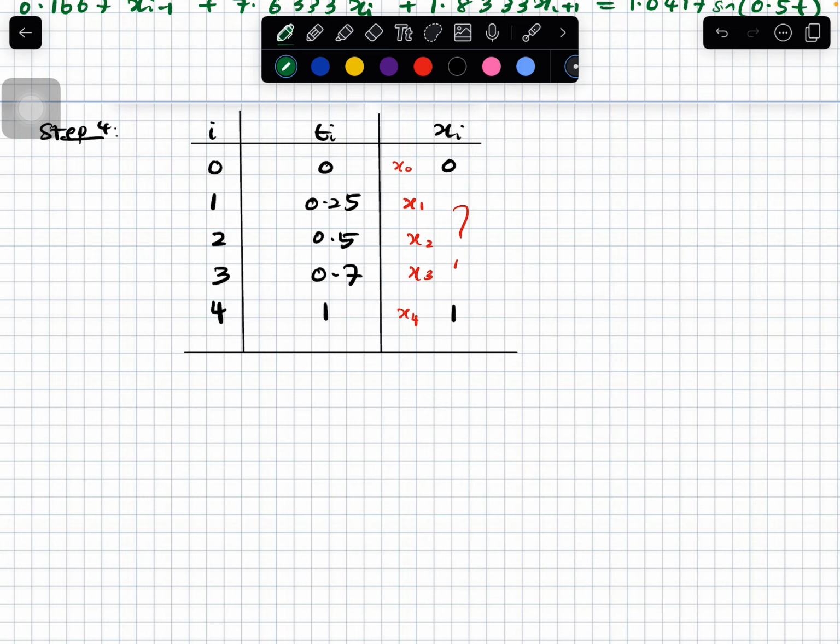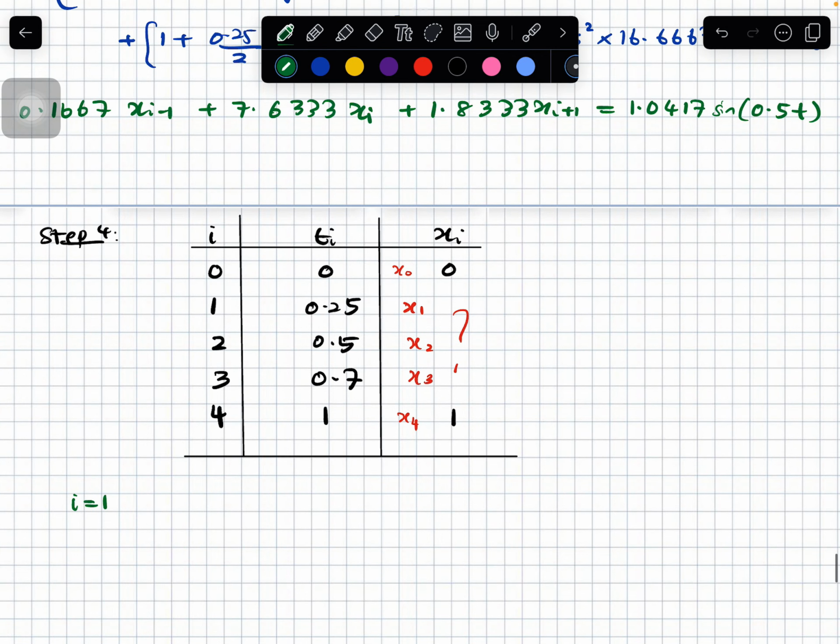create 3 algebraic equations where we start by using i equal to 1. Substitute into this equation, okay, this equation. If i equal to 1, you will get this value.